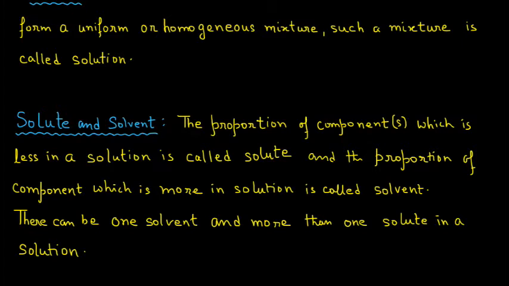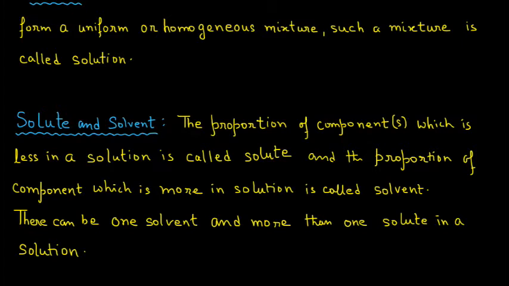The component whose proportion is less in a solution is called solute. In our example, salt's proportion was less than that of water's proportion, so the salt was a solute. The component whose proportion is more in a solution is called solvent. So water proportion was more and it was known as solvent.